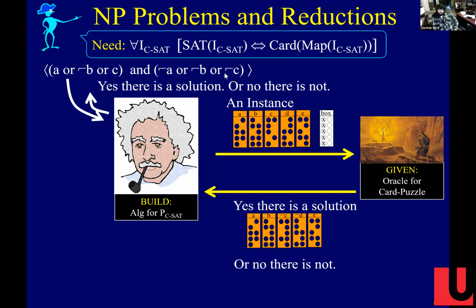What we say is for every variable we have a card. For every clause we have a row. So for example, for the first clause, that'd be row 1? Yes. If you follow along row 1, A has a non-hole in row 1, there's an A that's not negated.